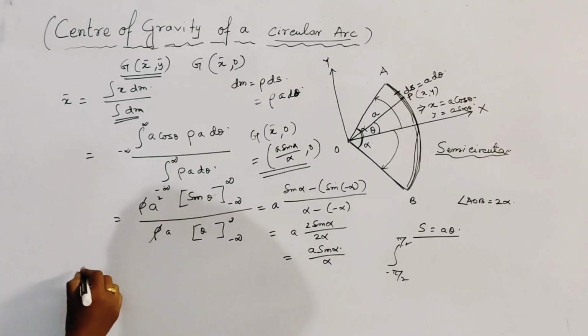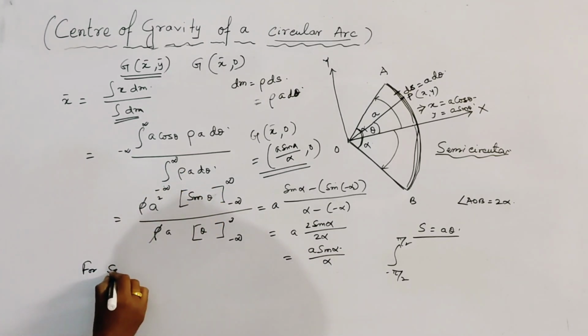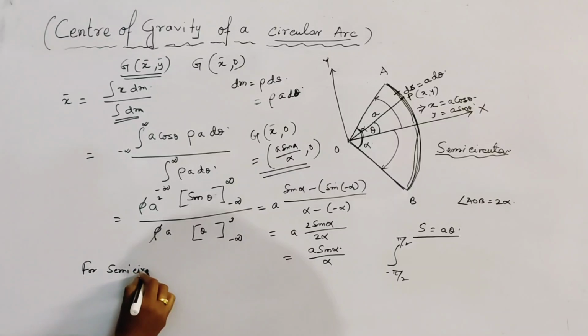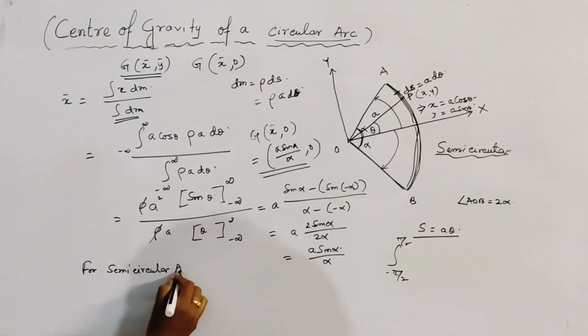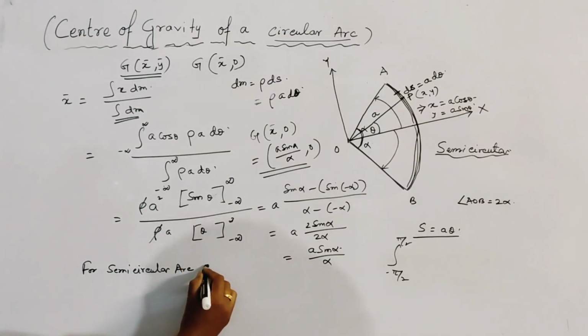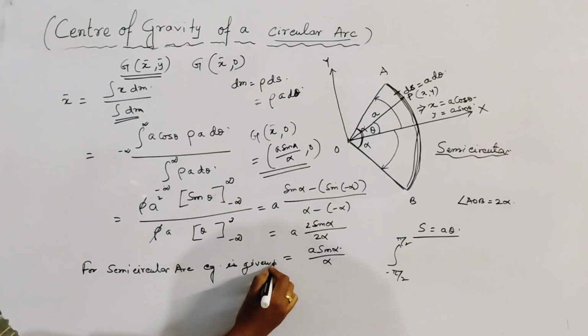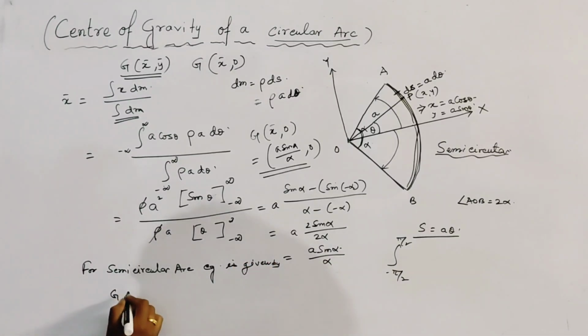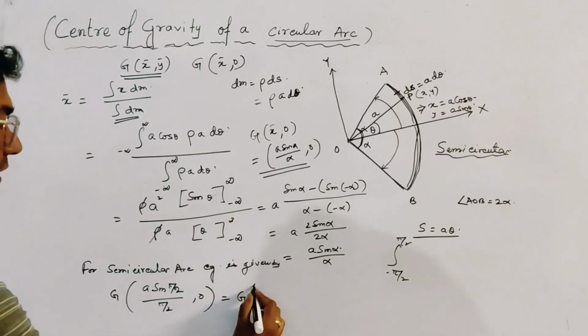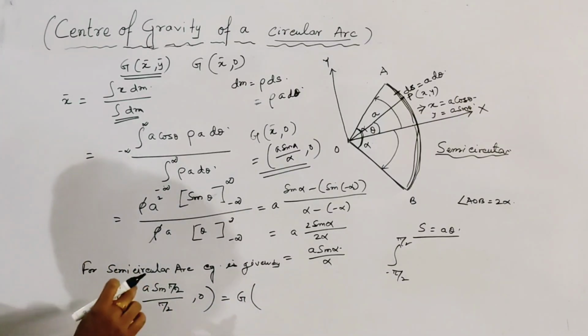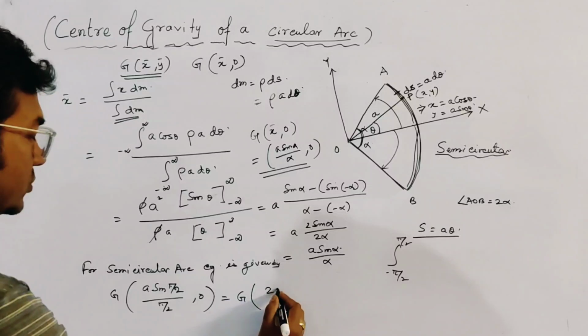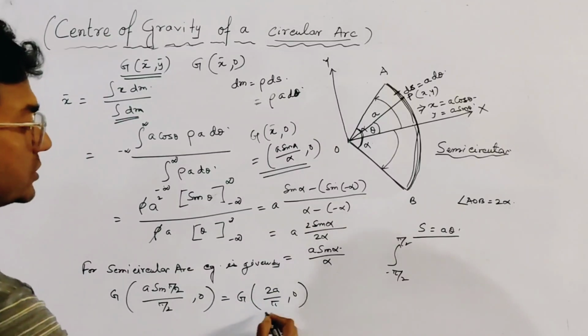In this case, for the semicircular arc, CG is given by G equal to a into sine pi by 2 by pi by 2 comma 0, and sine pi by 2 means 1, so we get 2a by pi comma 0.